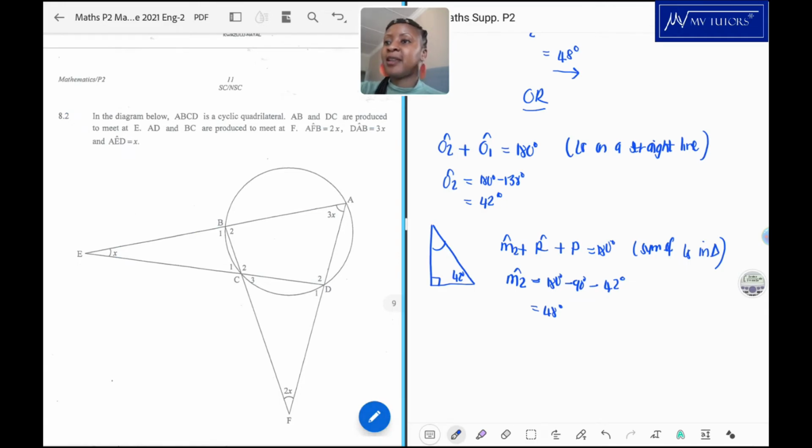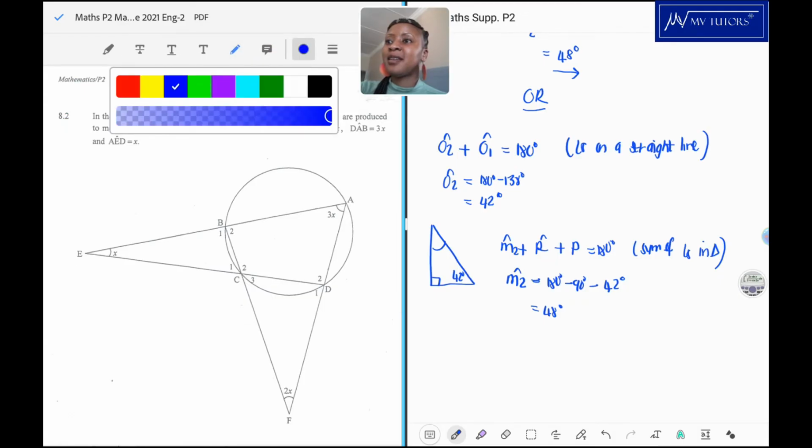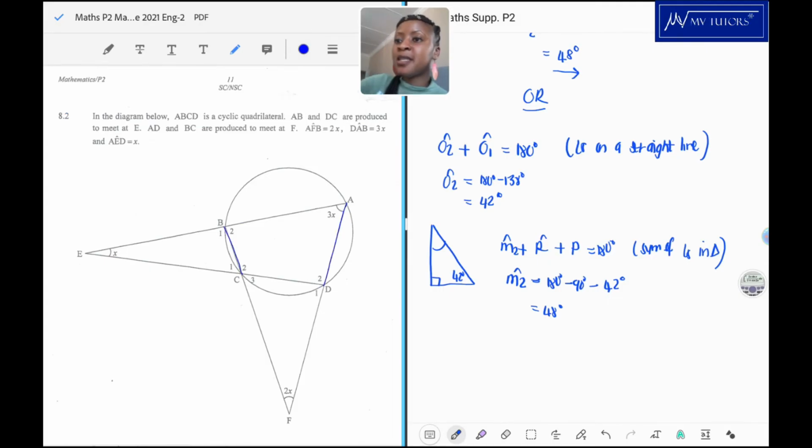Okay, I need to make that clear. So we have that ABCD is a cyclic quad. All right. AB and DC are produced to meet at E. AD and BC are produced to meet at F.